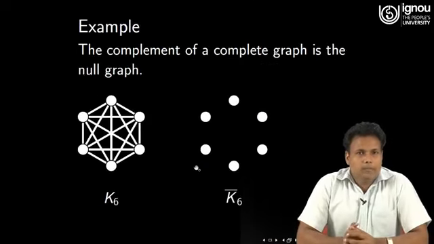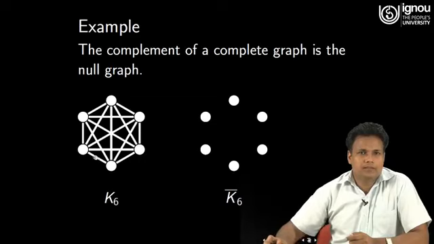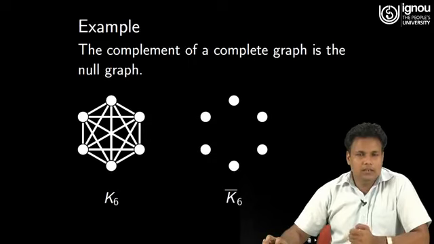For instance, just look at this graph K6 shown here, the complete graph on 6 vertices. It has 6 vertices and 6 choose 2 edges, right, which is the maximum number of edges in any simple graph on 6 vertices.